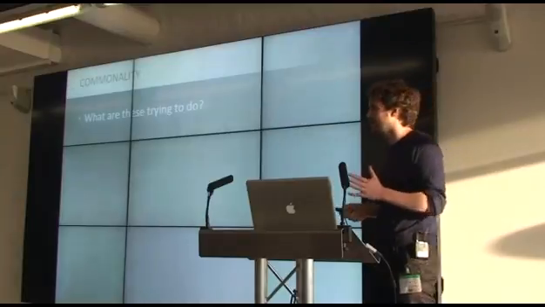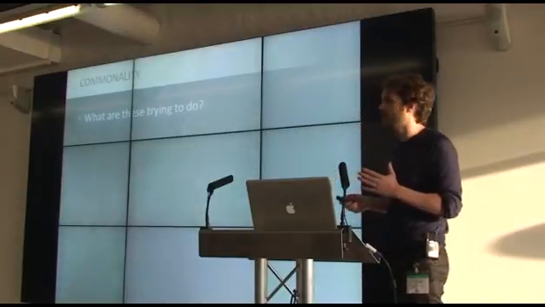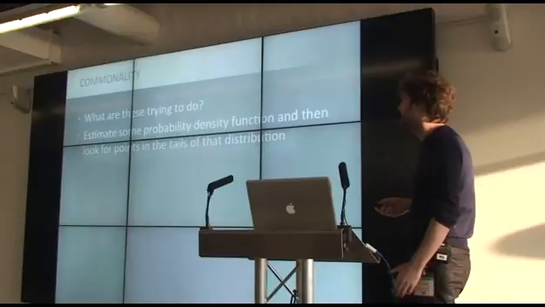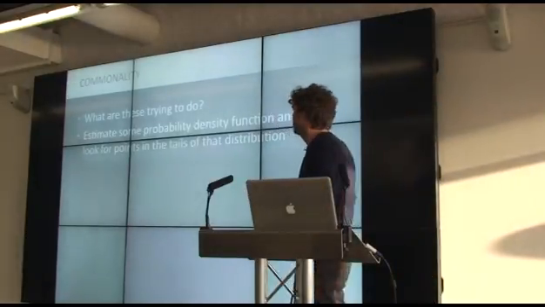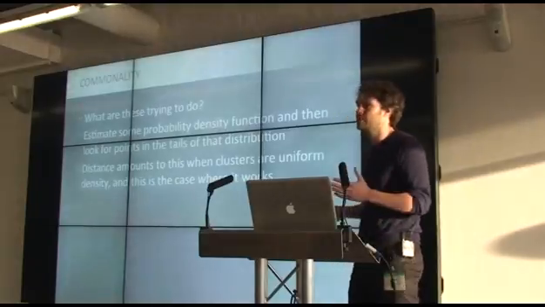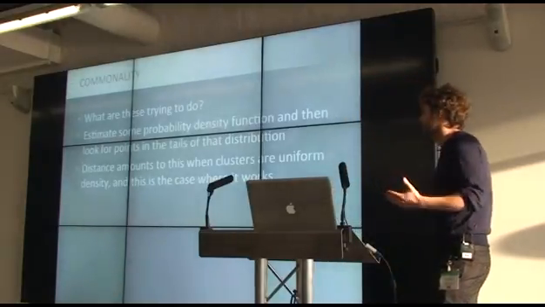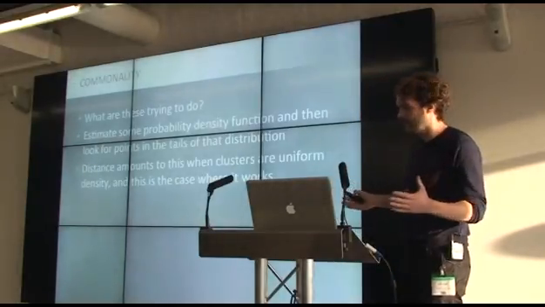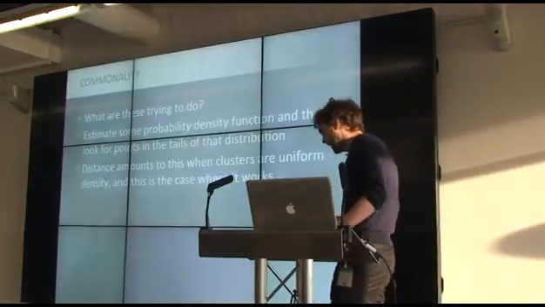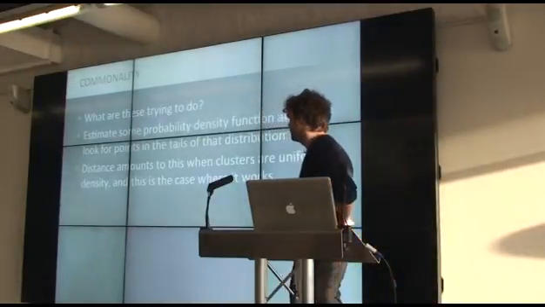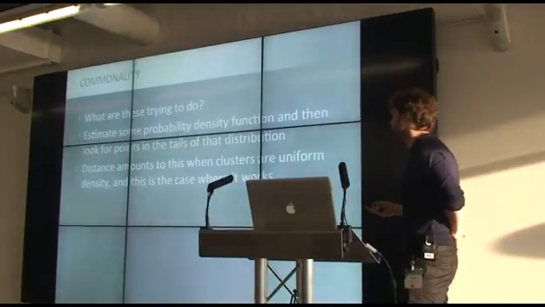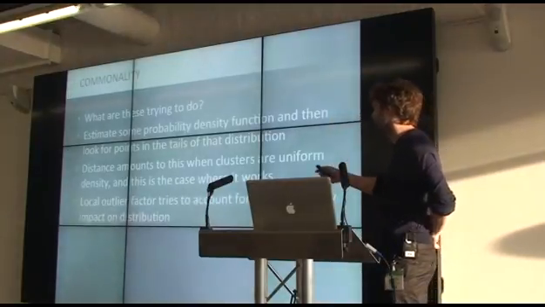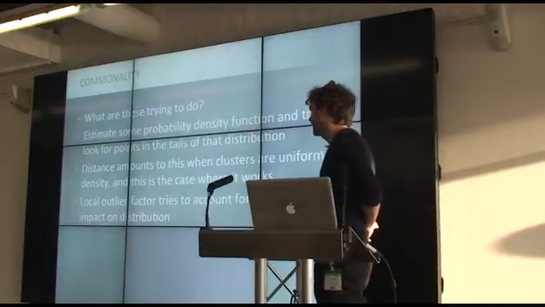Actually, I think they're not presented in these terms, but I think these all boil down to the same thing. Essentially, you're trying to estimate a density function and then looking for points in the tails of that distribution. So the first distance measure, well, that's exactly what you're doing when you have uniform density in your cluster. You know, it's actually very like a kernel density estimator. Local outlier is actually even more like a kernel density estimator.